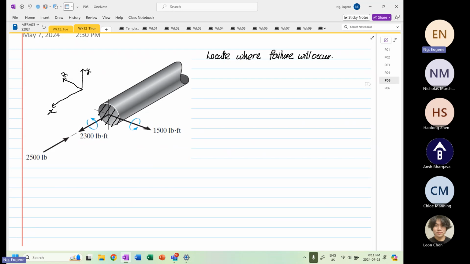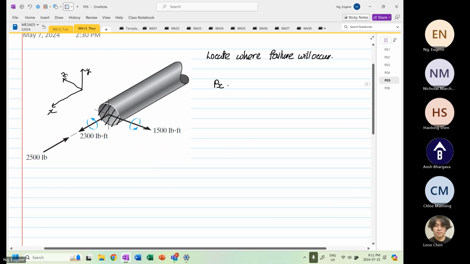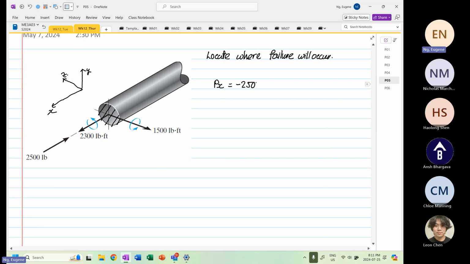So if we were to look at our loading, we will have Px, and the Px will be minus 2,500 pounds.